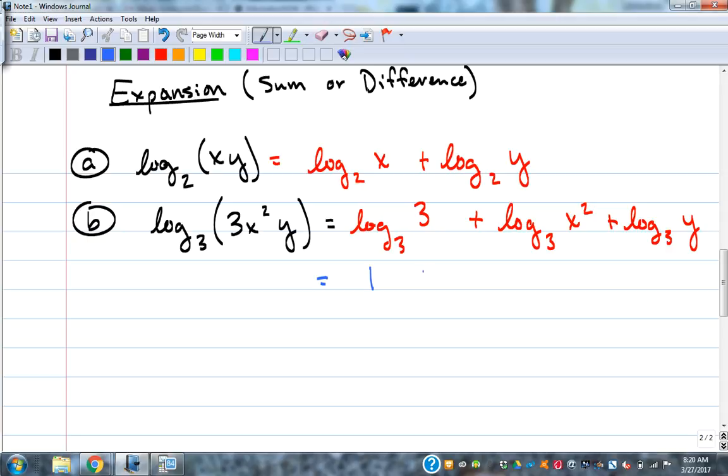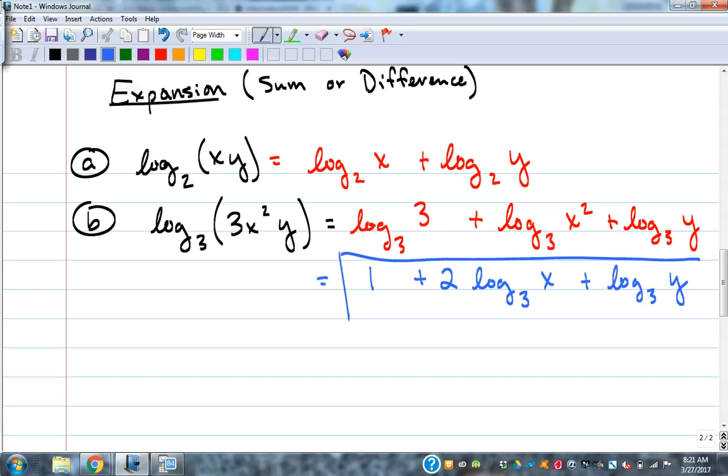That's the property we want to employ there. And then there's nothing else we could do to log base 3 of y. So this would be the completely expanded form of that. When they ask you to write it as a sum or difference, that means go as far as you can with any of the pieces.